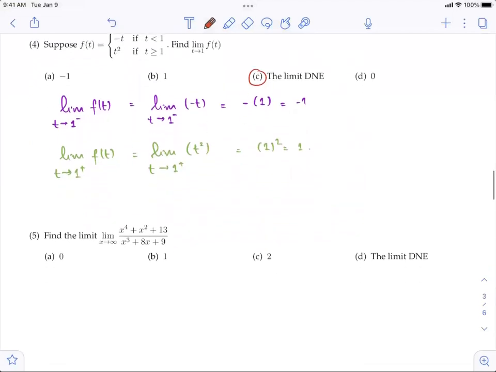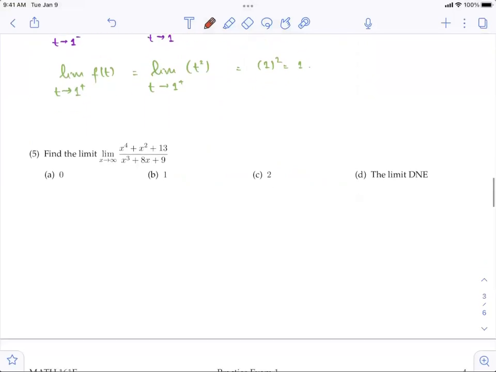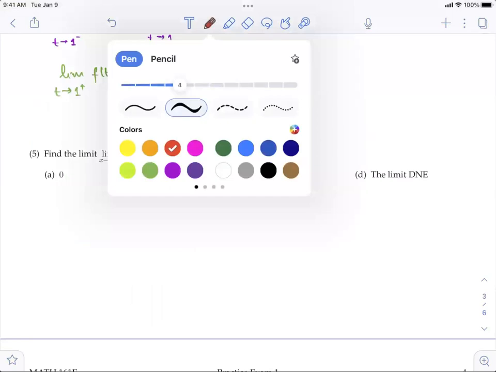Now, moving on to number 5, this is where you need to find the infinite limit at infinity, right? The concept for this is to look at the highest exponent in the numerator and the highest exponent in the denominator, and you take out the part with the highest exponent.